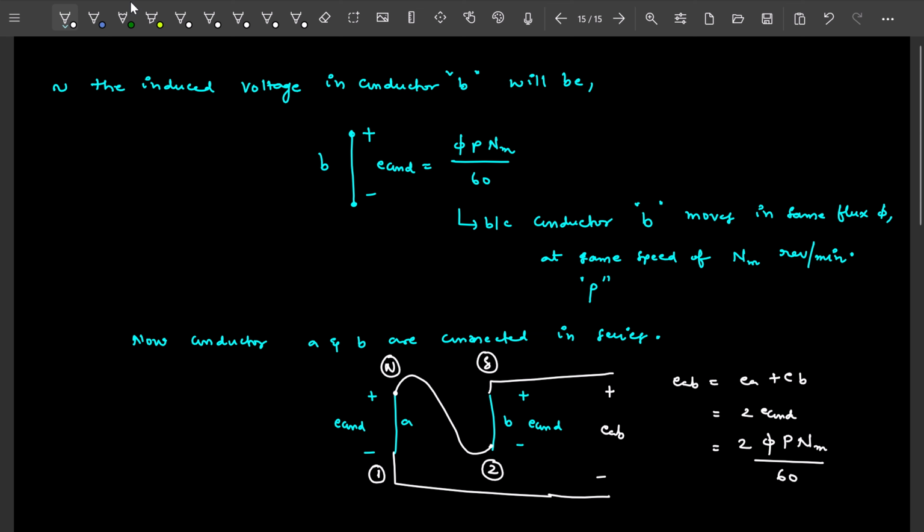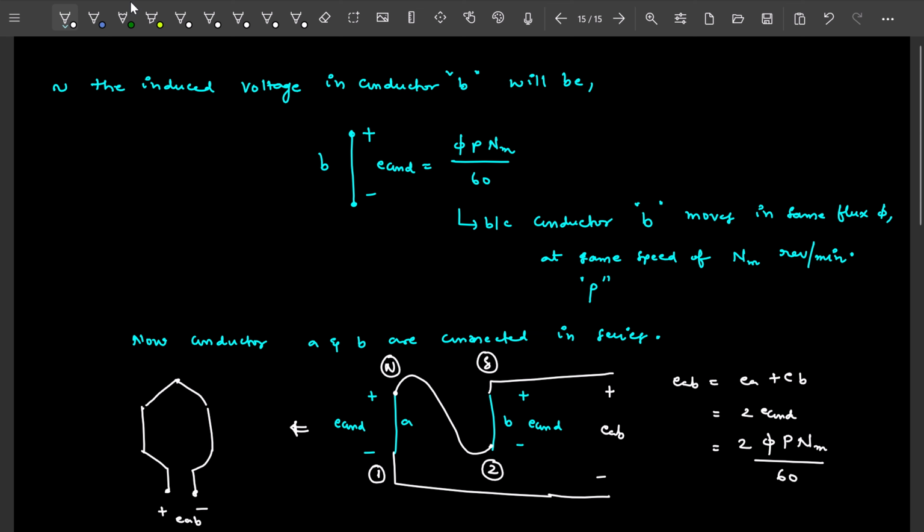Okay, now this system, whatever we have got here, can be represented simply like this. This plus minus is nothing but EAB.